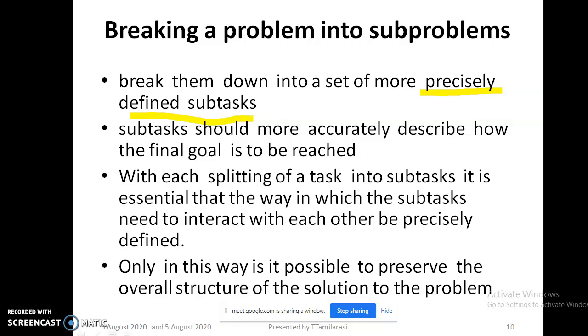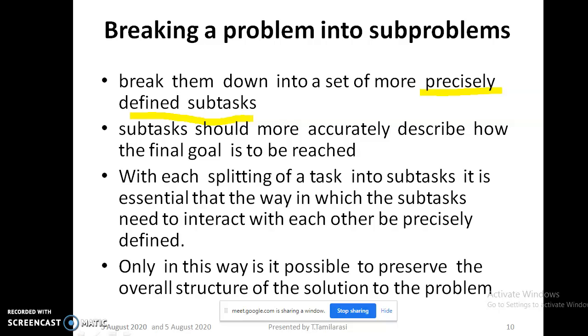Draw a figure is a single complex problem that should be subdivided into drawing a circle, triangle, parabola, square, whatever may be. The leaf nodes should contain more details about the problem. So always precisely define the subtasks.